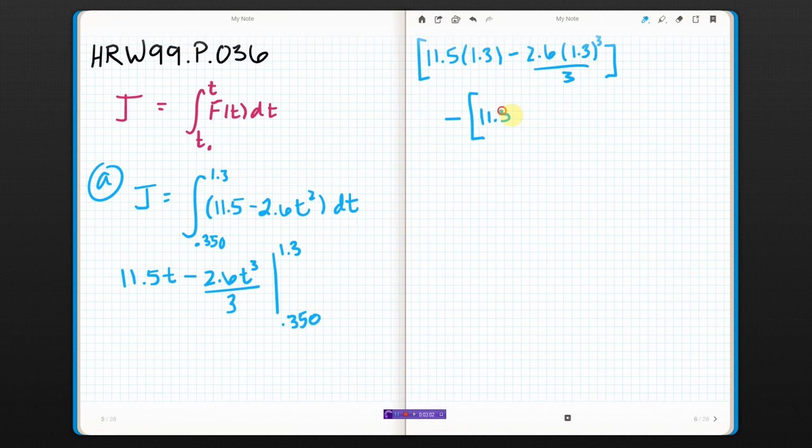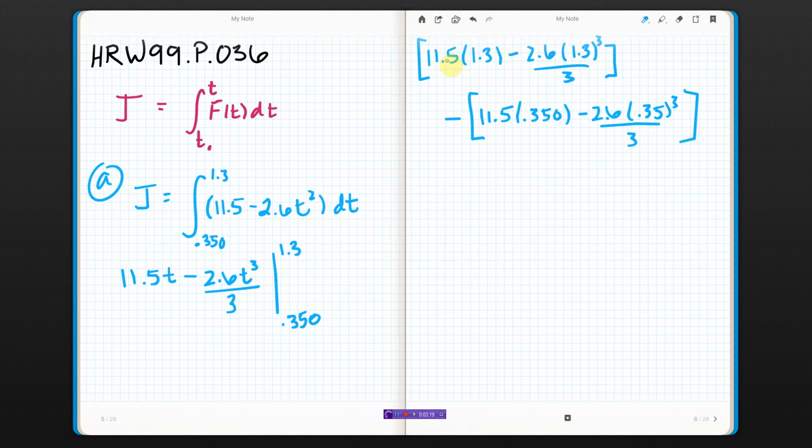So 11.5 times 0.35 minus 2.6 times 0.35 cubed, and divide by 3.